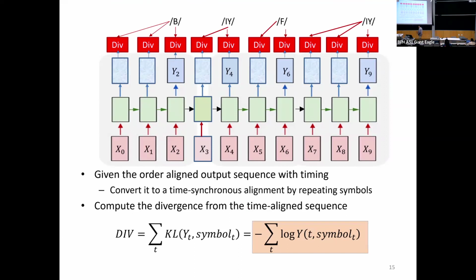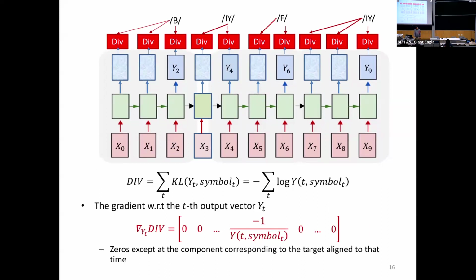And then we could always write out the divergence between the target and the input sequences, which is going to be the sum over all time of the Kullback-Leibler divergence between the desired and actual outputs. And the KL divergence, as we saw, when we represent the desired output as a one-hot vector, is simply the negative of the log likelihood assigned to the correct symbol. And you can see why this divergence makes sense: minimizing this loss is going to be maximizing the probability of the correct symbol at each time.